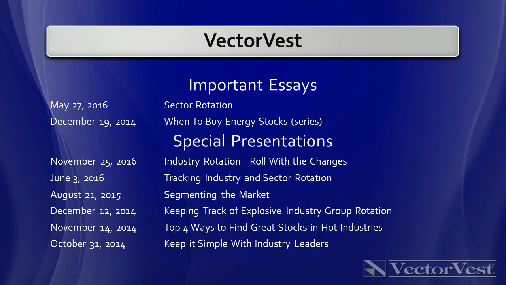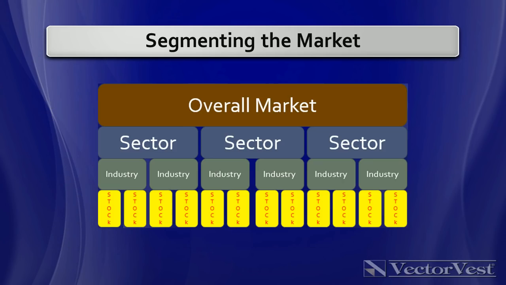But let's do a quick review of why industry and sector performance are important. We'll begin with how industries and sectors segment the broad market. On this graphic, we see that we first segment the overall market into sectors. In the VectorVest system, we use 41 different sectors to group these like businesses together.